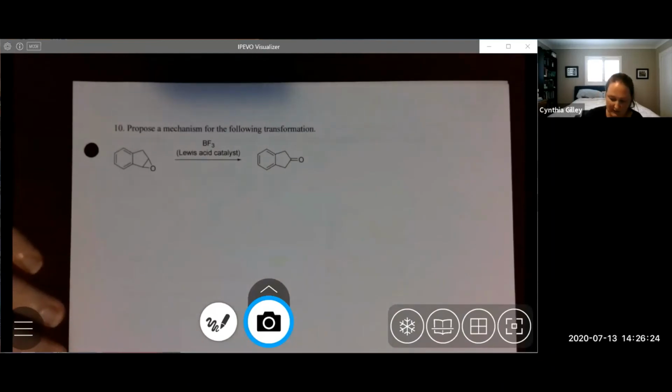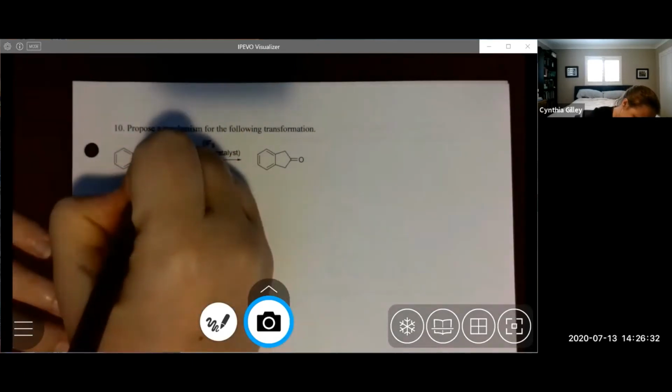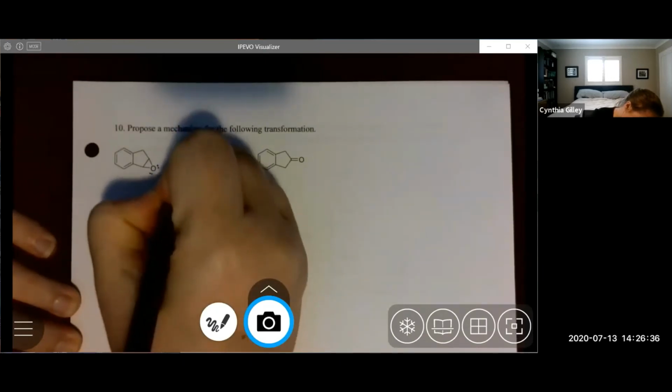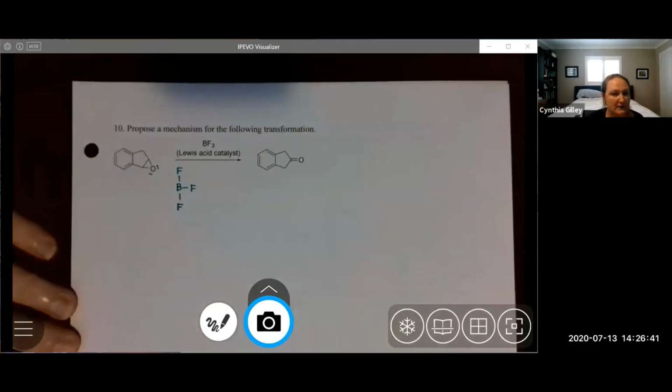Okay, so this one is propose a mechanism for the following transformation. One thing we know about Lewis acids is how they like to coordinate lone pairs. We saw that in Friedel-Crafts reactions, in the electrophilic aromatic substitution chapter.